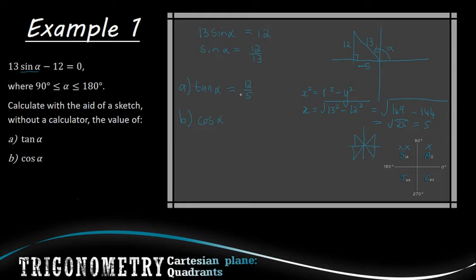This side it's negative, so this is going to be a negative. And same for my y values. If I go up, I've got plus, and if I go down, any value here would be, for example, minus 12 over here and here, and plus 12 over here and here. So cos then, being adjacent over hypotenuse, is minus 5 over 13.